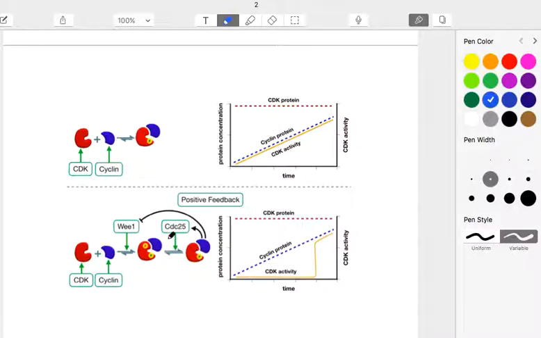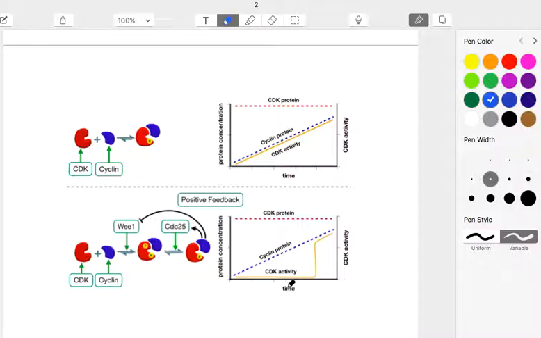But sometimes CDK binds to cyclin and the inhibitory phosphate here will not activate it. It cannot phosphorylate the other CDK. So CDC25 plays a great role. It cleaves that phosphate and makes this functional. So this is positive feedback.